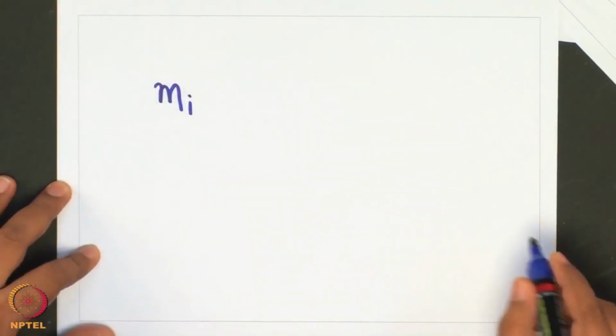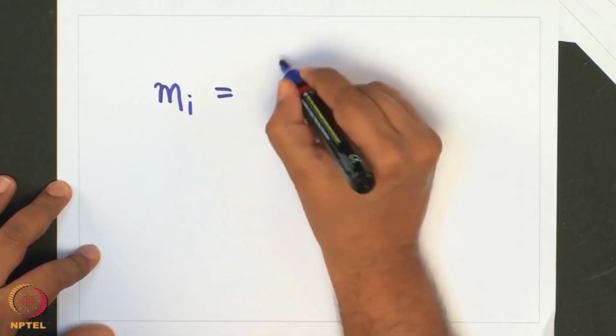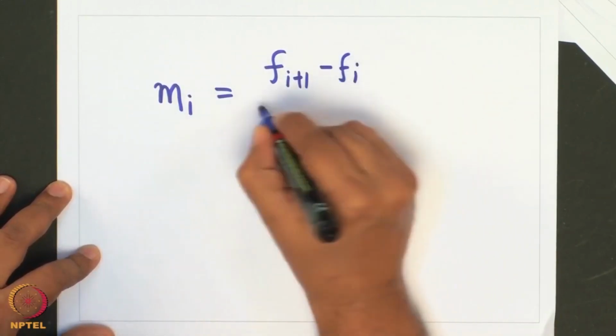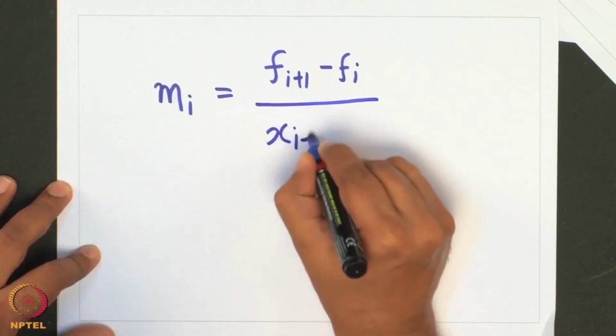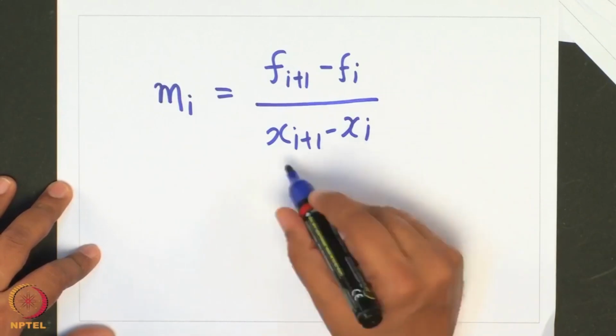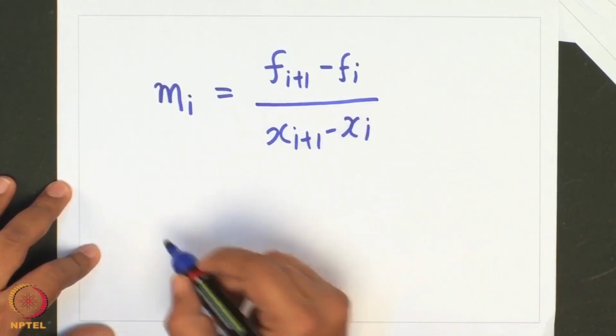So finally, to summarize, I could write this in a different way. The slope at location i is f at i plus 1 minus f at i divided by x i plus 1 minus x i. This is another way of writing the general formula for slope.